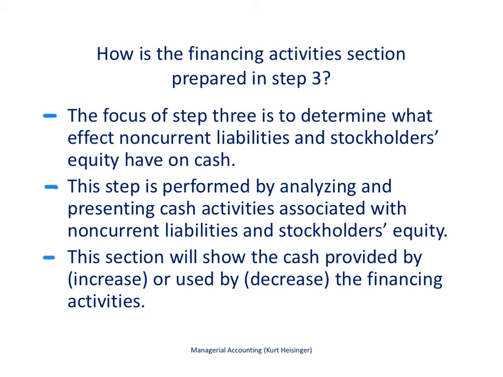The third section of the statement of cash flows is the financing activities section, and this is step 3. The focus here then is to determine what effect the activities related to non-current liabilities and stockholders' equity have on cash. This step is performed by analyzing the information that's associated with non-current liabilities and stockholders' equity.